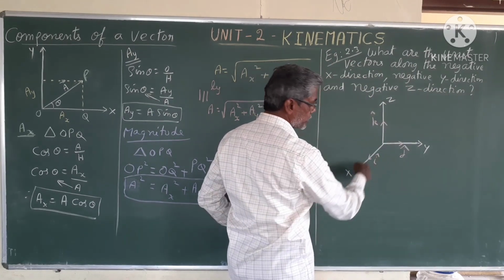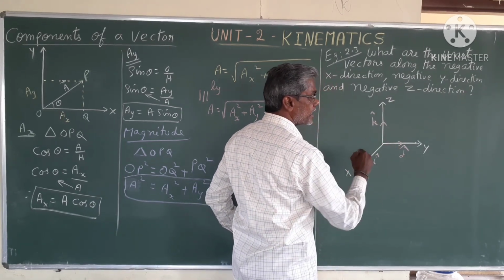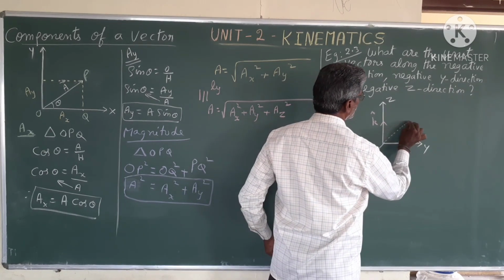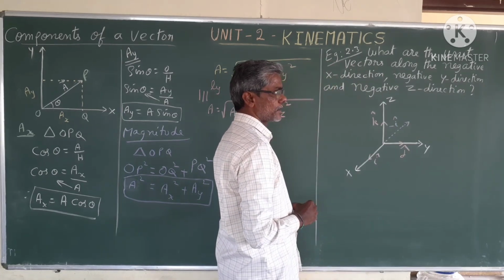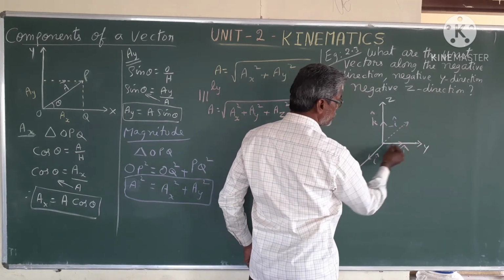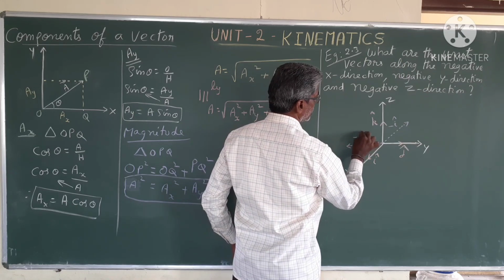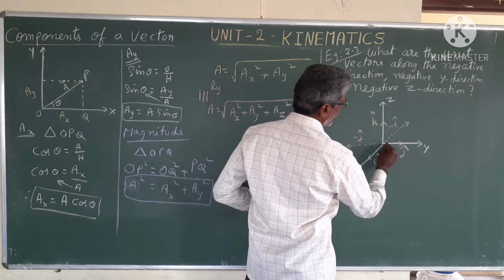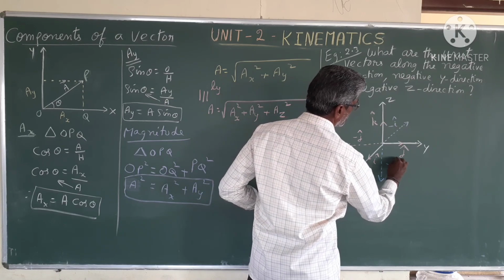Negative x direction. This is positive. Negative means opposite. Magnitude will remain same, but the direction will be opposite. So negative will be here. So that is minus i cap. Then negative y direction. This one is positive. So what will be? Negative. So minus j. And negative z is a direction. So this is minus k.